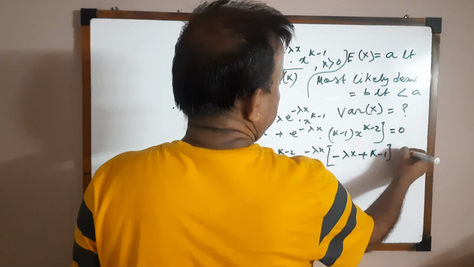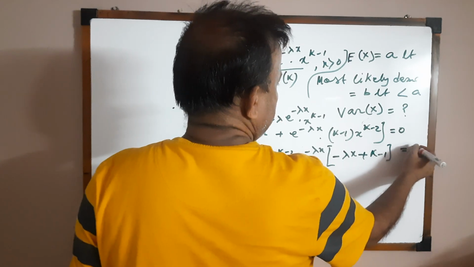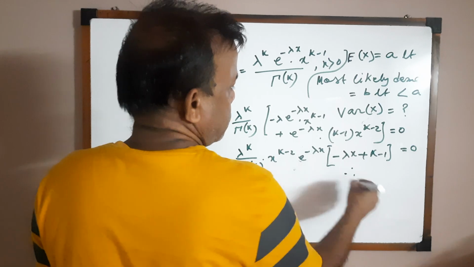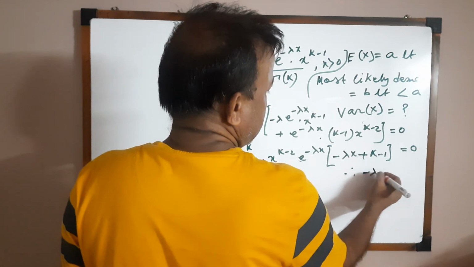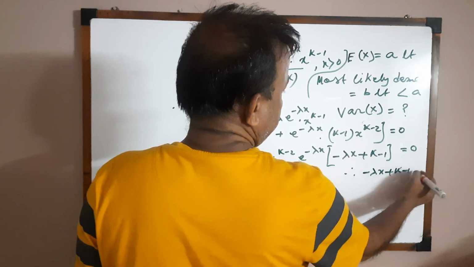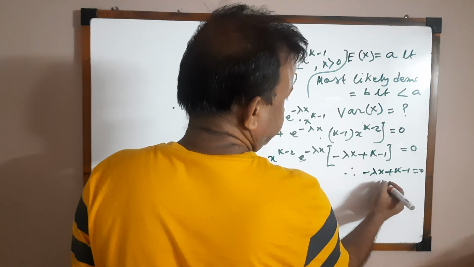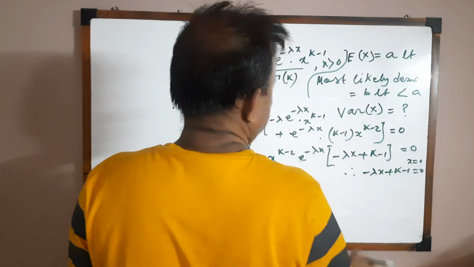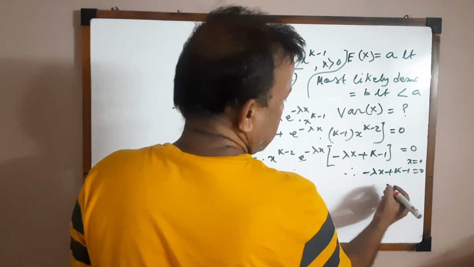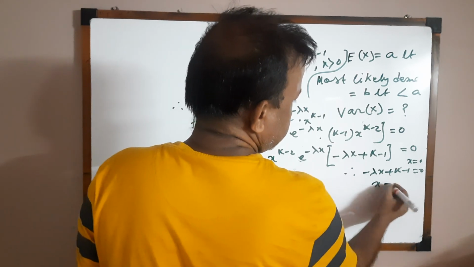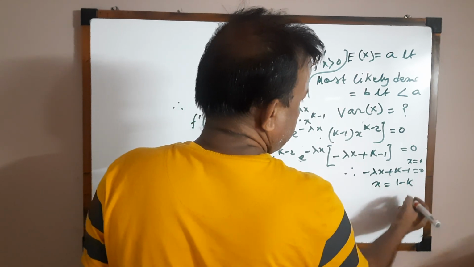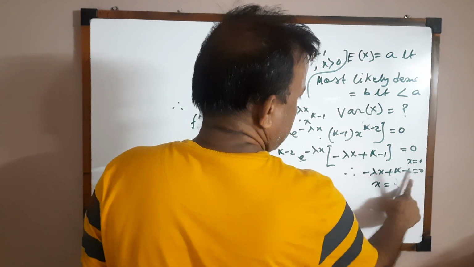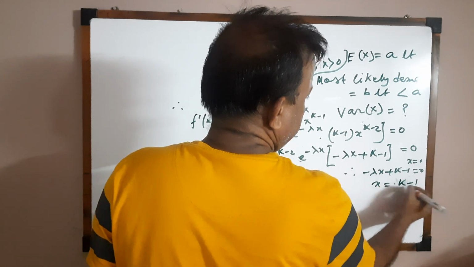For max or min value of f(x), this will be 0. Therefore, minus lambda x plus k minus 1 equals 0, and x equals 0. Therefore, x equals k minus 1 by lambda.